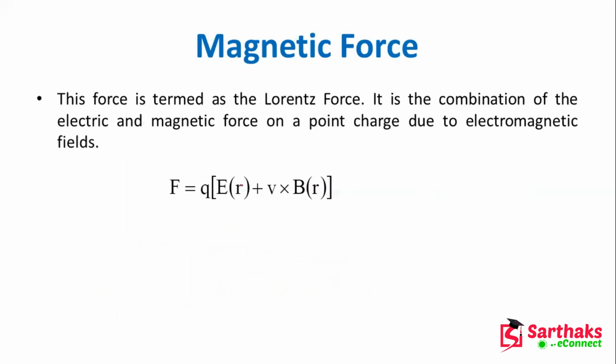Now this equation is called the Lorentz equation or Lorentz force, according to the scientist's name. Here it is the combination of electric and magnetic force on a point charge due to an electromagnetic field.